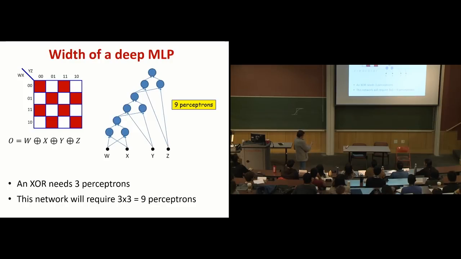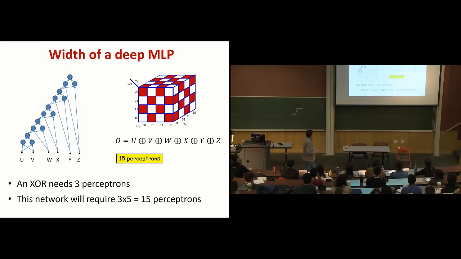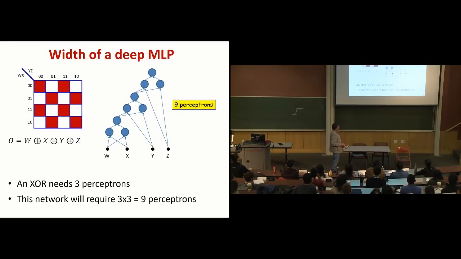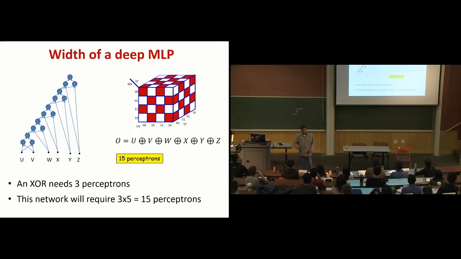So first, W XOR X is going to be done by these 3 guys. Then that output is going to be XORed with Y, 3 more. So for every new bit that you add to the input, here I have 4 bits, I'm going to require 3 times 3 neurons. Here I have 6 bits. I'm going to require 3 times 5 neurons.